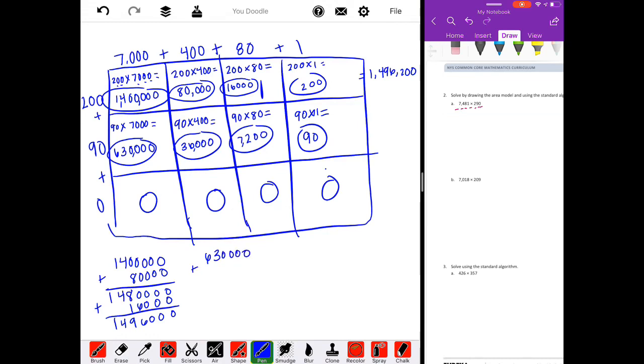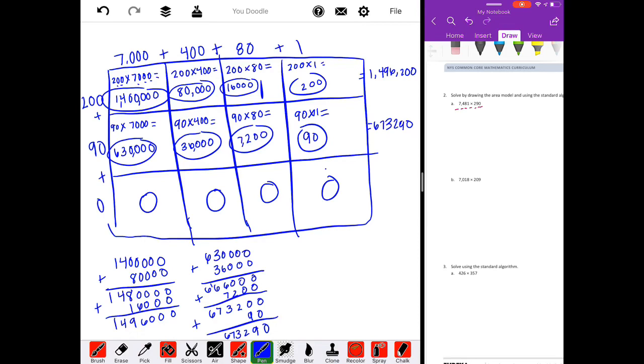plus 36,000 plus 7,200 plus 90 would give us 673,290.